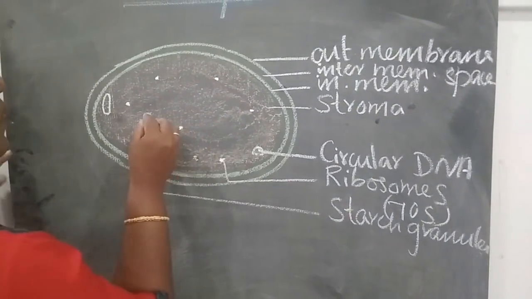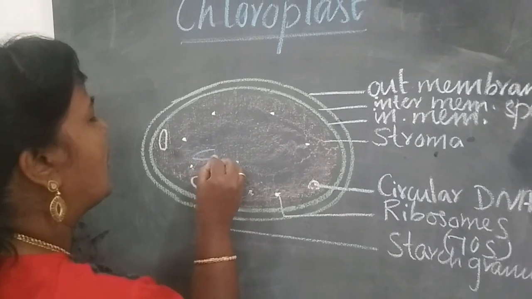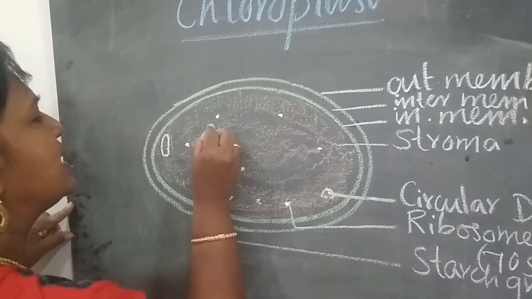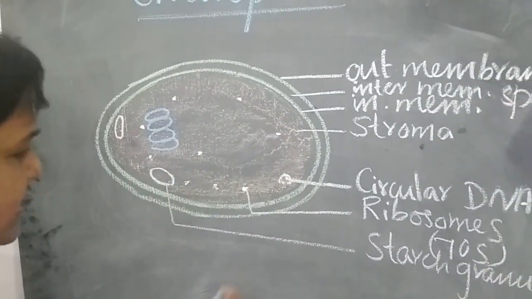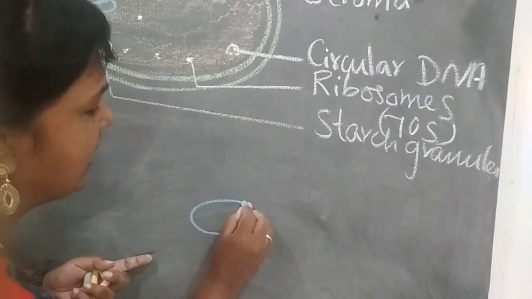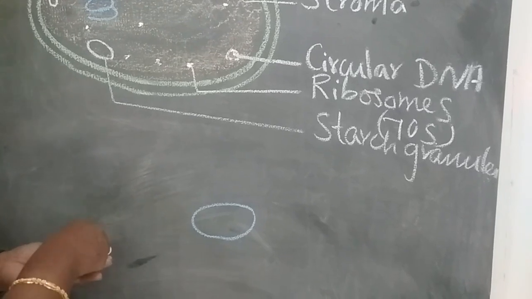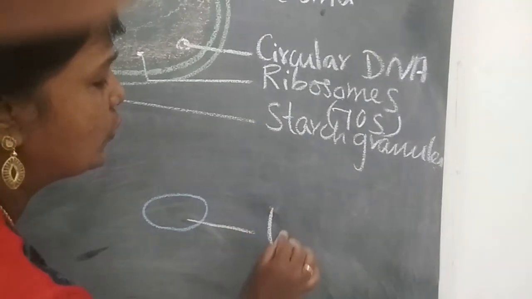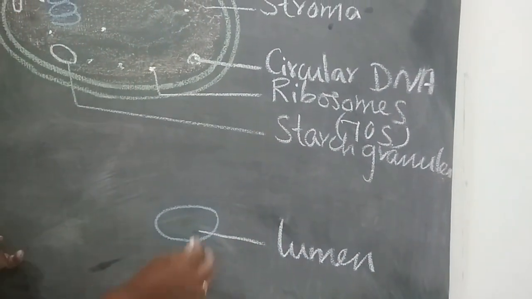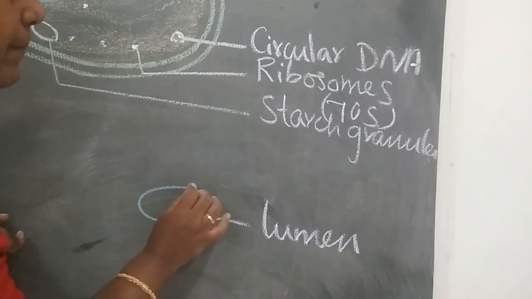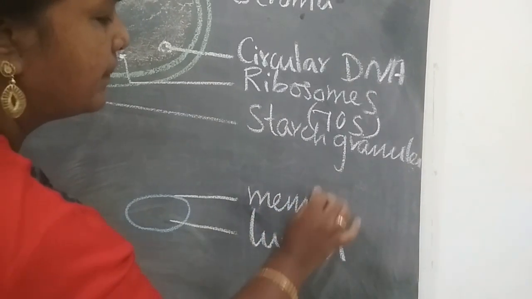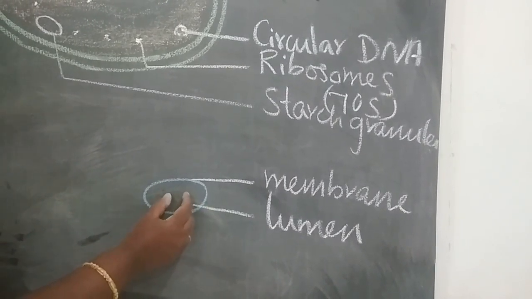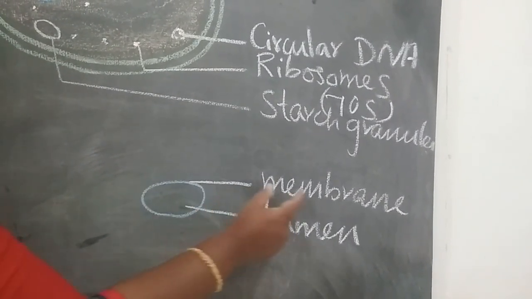Again, in the stroma there are disc-shaped structures called thylakoids. Inside the thylakoid there is a space called lumen, which is surrounded by a membrane.